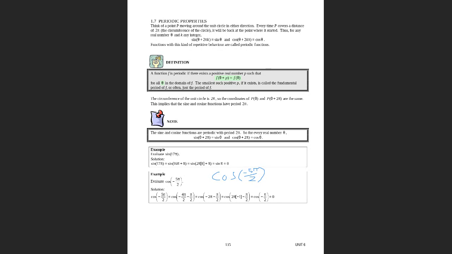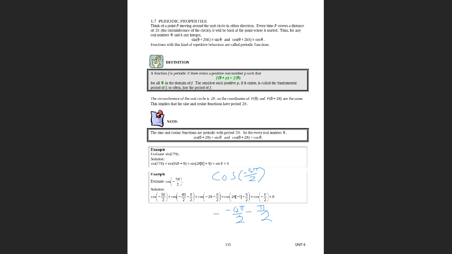I can get integer multiples, either negative or positive, but you must be able to get integer multiples of 2 pi together with a special angle. So this same thing, I can write it like this: minus 4 pi over 2 minus pi over 2.